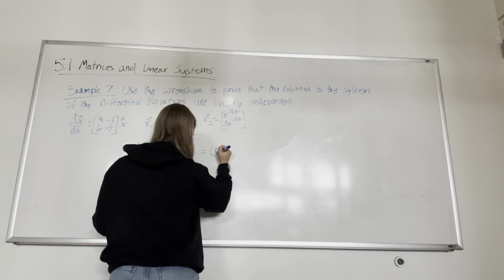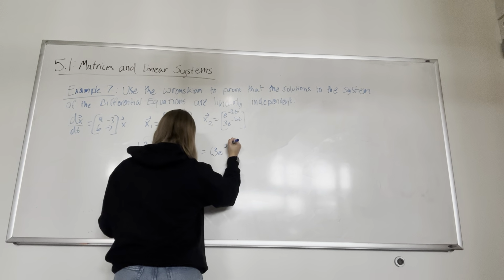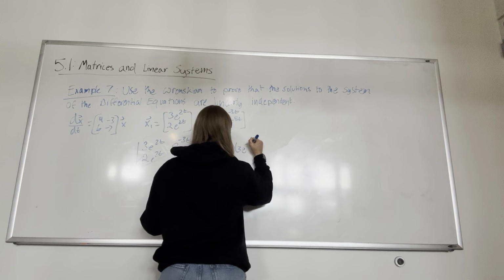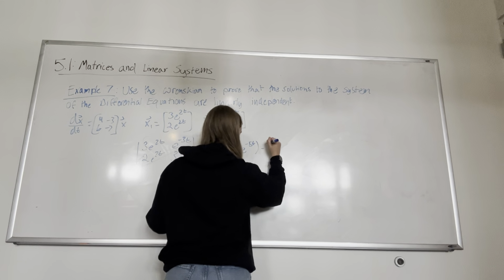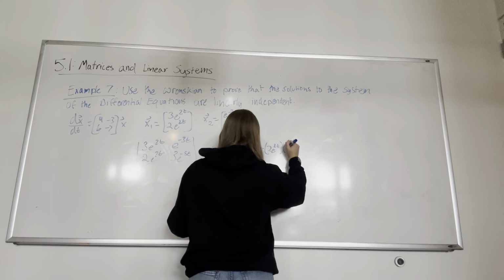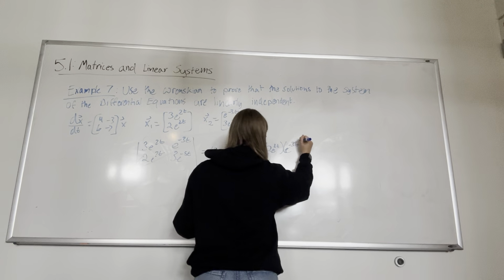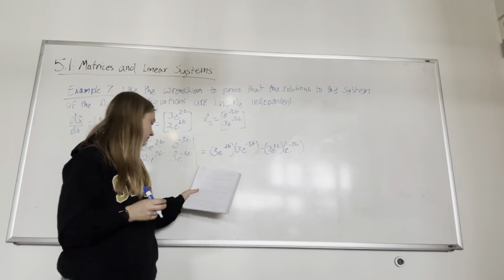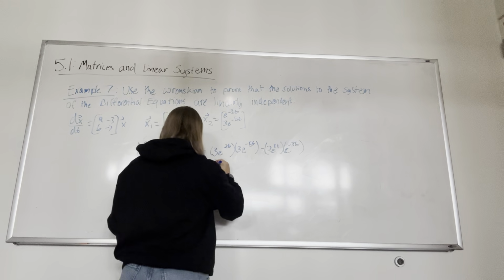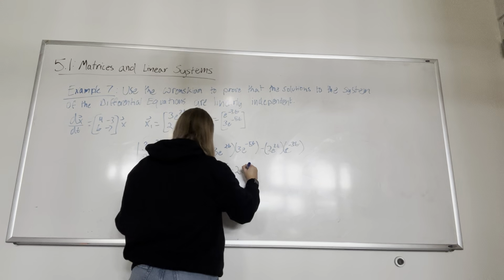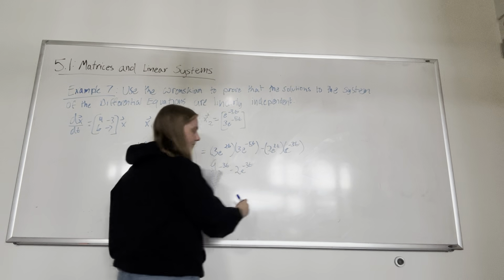So that's 3e to 2t times 3e to the negative 5t minus 2e to the 2t times e to the negative 3t. And now if we look at this, this ends up being 9e to the negative 3t minus 2e to the negative 3t.